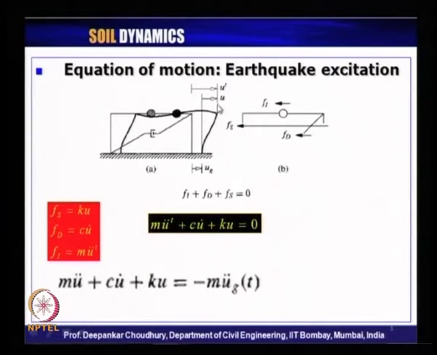So, this is the relative displacement, and u_g double dot t is the ground acceleration due to earthquake shaking. That creates the forced vibration for this type of problem.